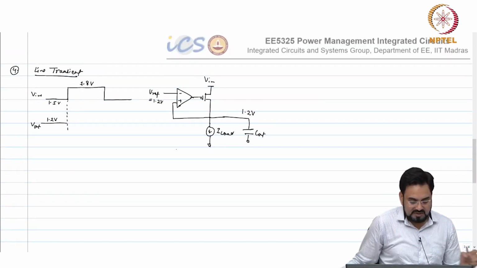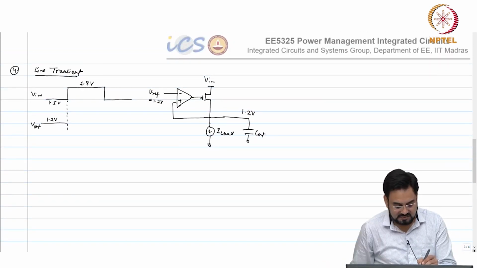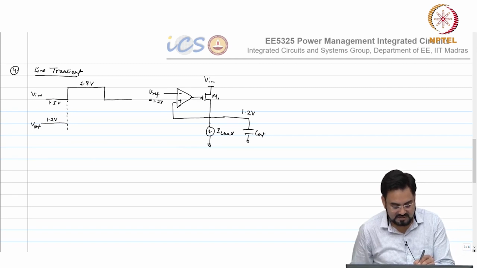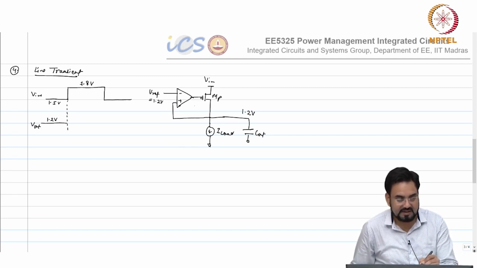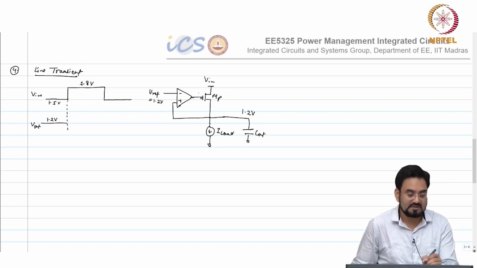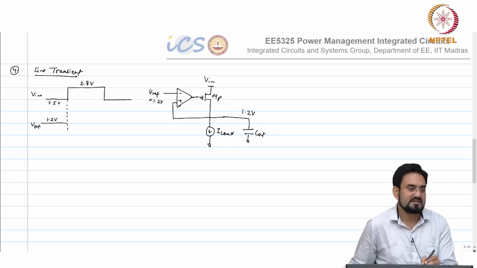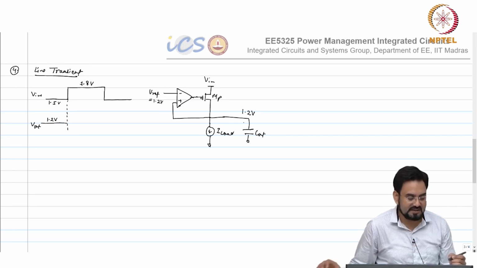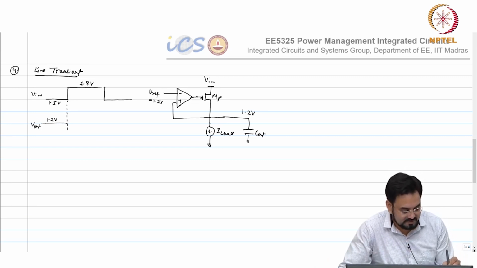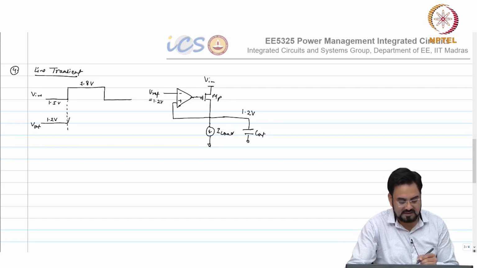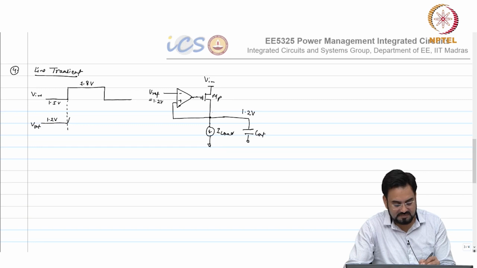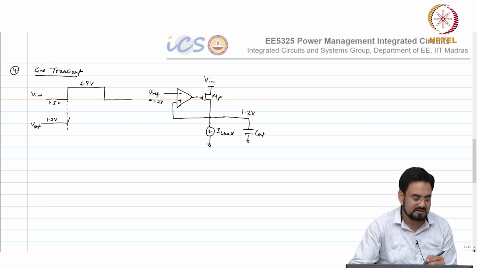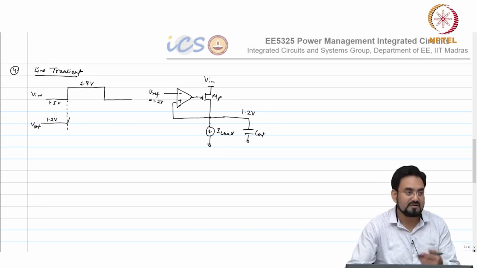So what would happen actually when V in changes? This pass transistor, which is MP, will create a VGS difference, because this gate voltage cannot change instantaneously. So the current in the output will increase, and this will try to shoot, and then since it is a feedback system, the feedback will try to recover, and the recovery time will depend on your bandwidth.